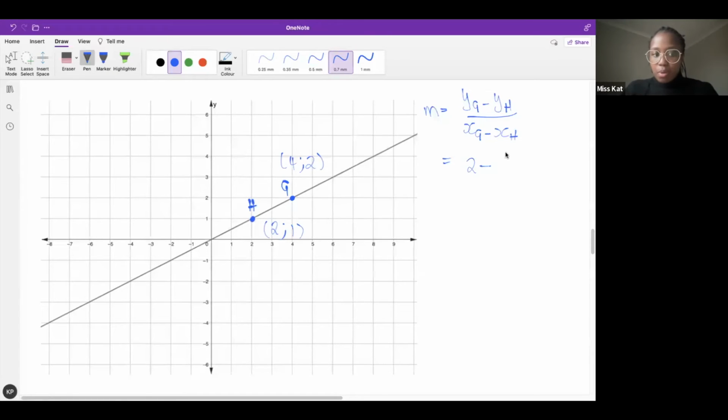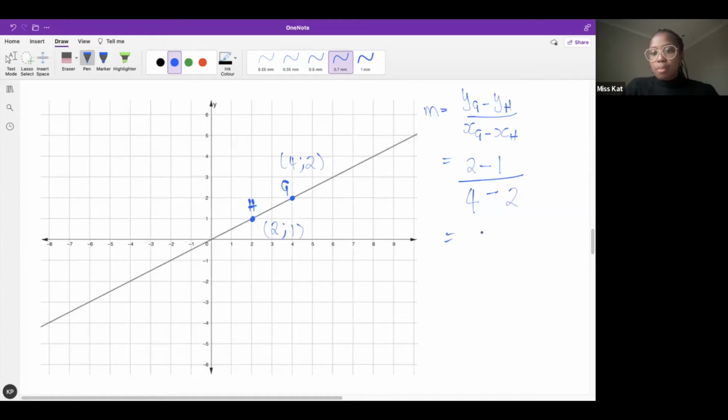Okay, that would be 1 over. What is my x for G? X coordinate for G. There we go. This is how I want my chat to be. This is fabulous. That would be 4 minus, what is the x coordinate for H? 2.